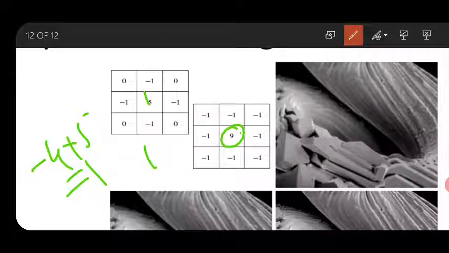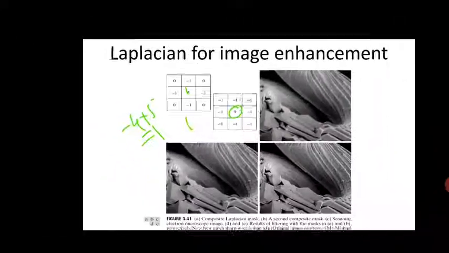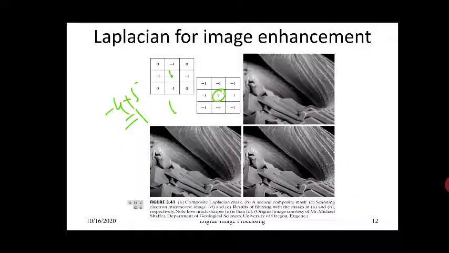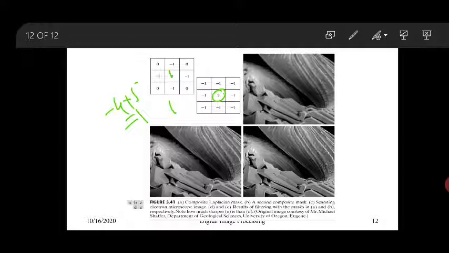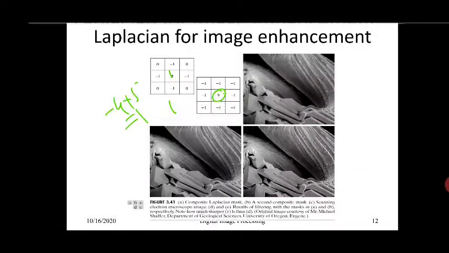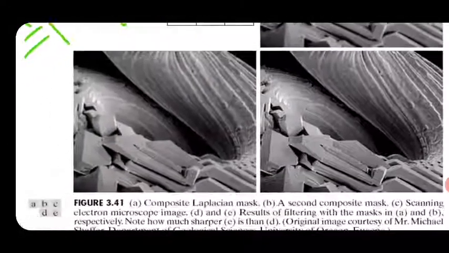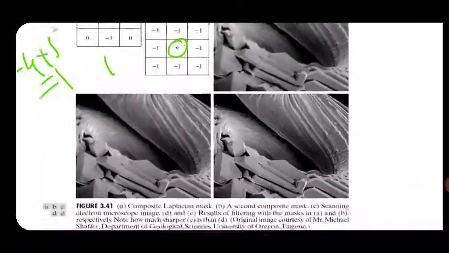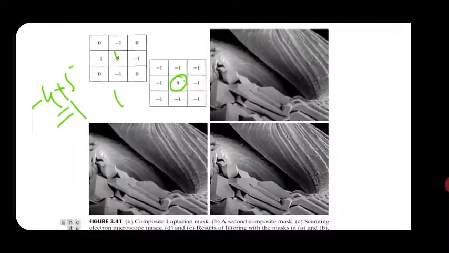That is what gives the image enhancement operation. These are the applications, or you can visualize how the clarity or smoothness of the image comes out by applying an image enhancement technique.